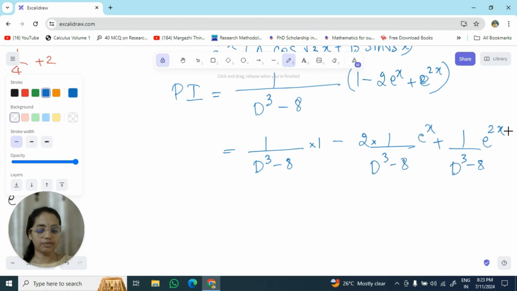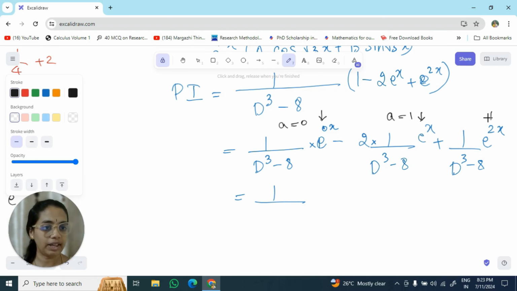Now in the first term we have 1. We can write 1 as e^(0x), like in our previous problems. So clearly the value of a is 0 here. In the second term the value of a is 1, and in the last term the value of a is 2. Now we get 0 minus 8 for e^(0x), minus 2 divided by 1 cubed, which is 1 itself, for e^x.